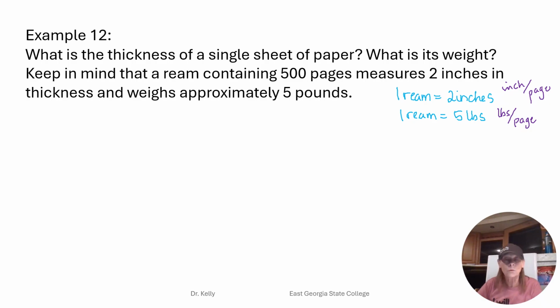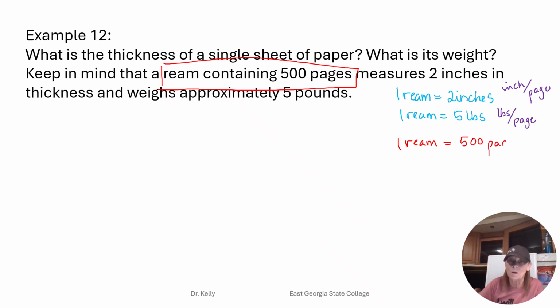It's really helpful for you to figure all this stuff out at the beginning, because it'll help. Now, if we want per page on the bottom, our big conversion factor is a ream contains 500 pages. So we also know 1 ream equals 500 pages.